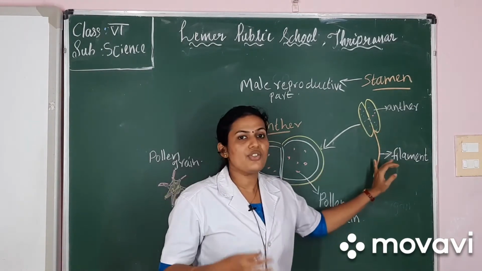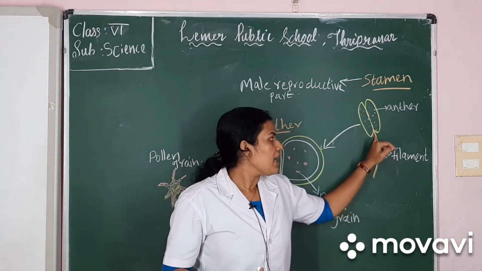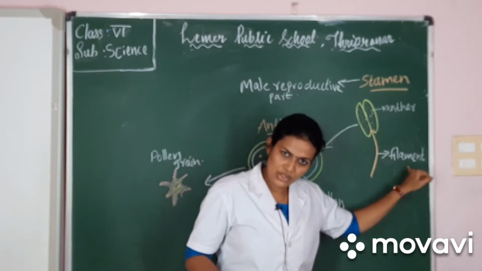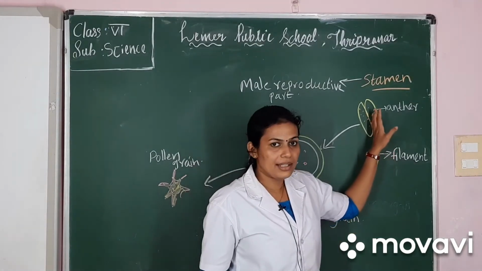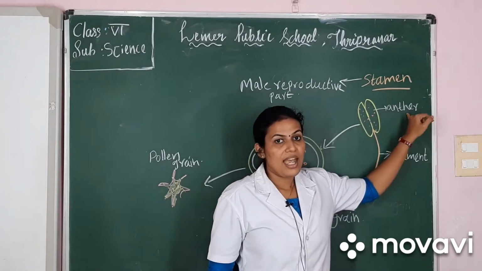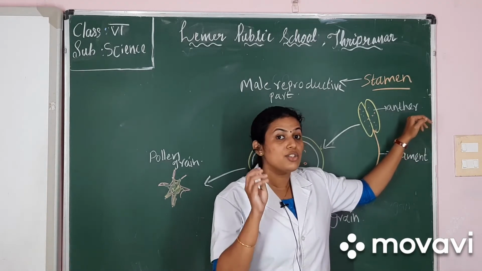Each stamen consists of a stalk called filament and a head called anther, and this anther is two-lobed.